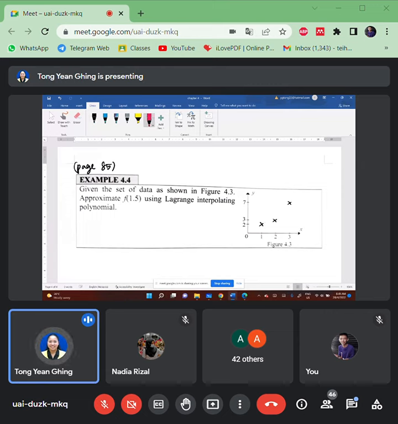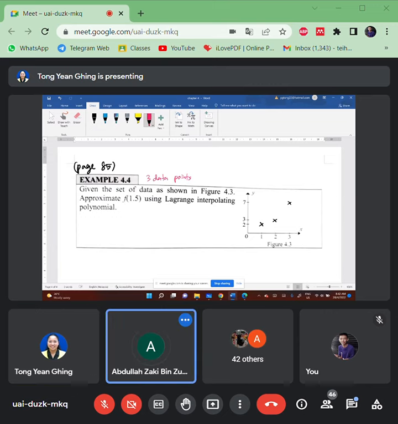So here we have 3 data points. That means how many is n? Abdullah Zaki, if we have 3 data points, n is equal to?